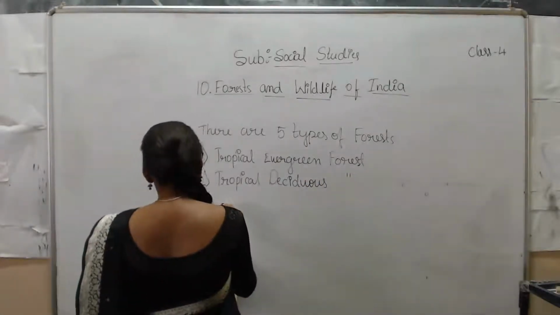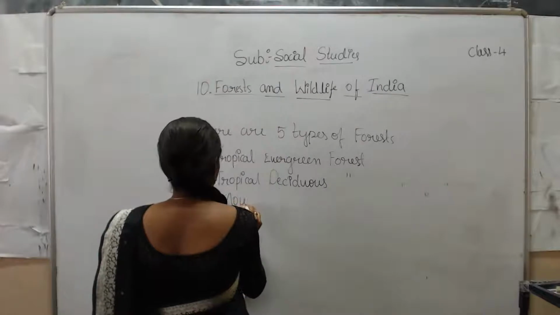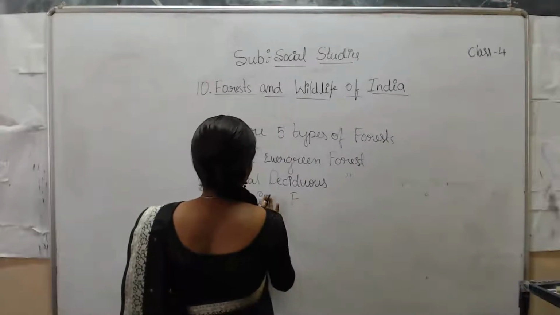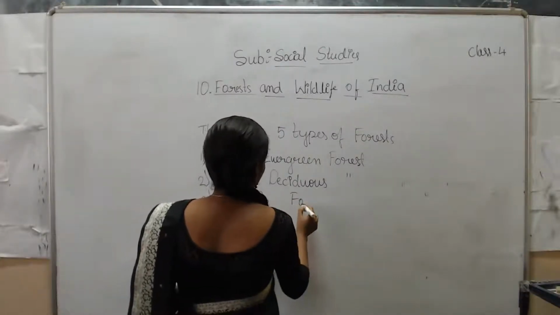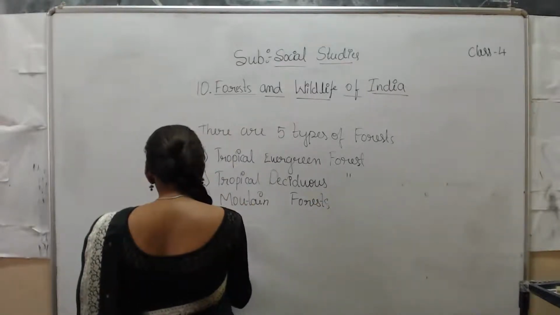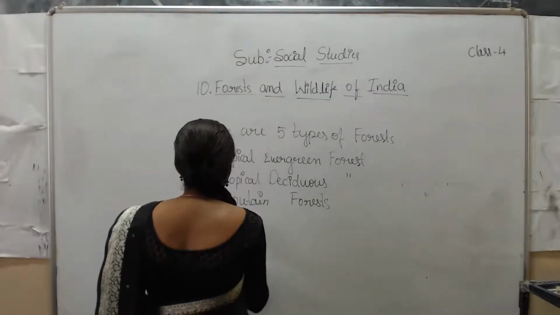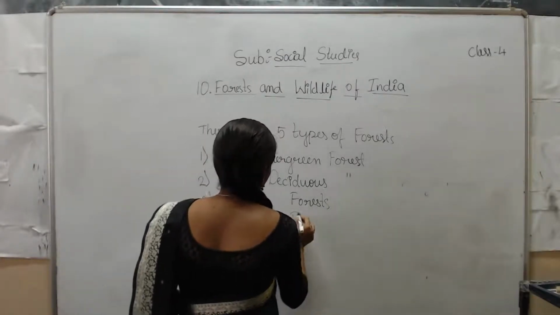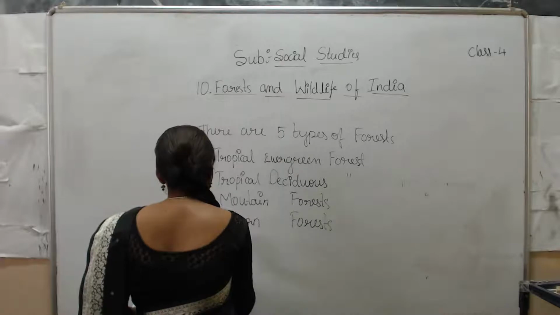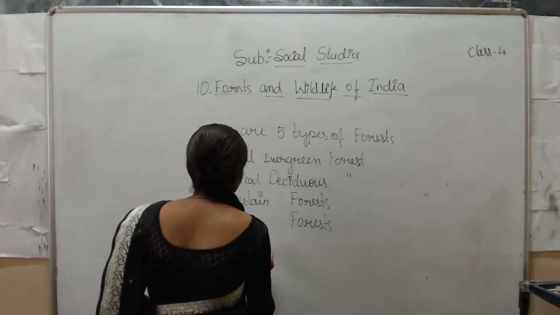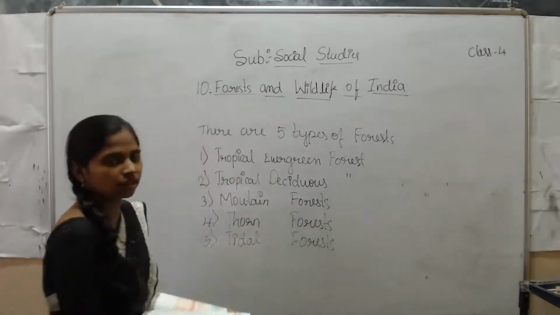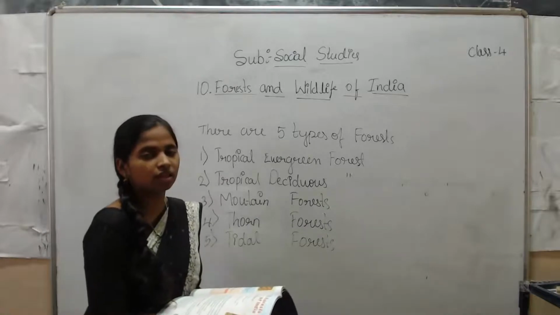The third one is mountain forest. The fourth one is thorn forest. And the last one, the fifth, is tidal forest. So these are the five kinds of forests we can see here in our country.